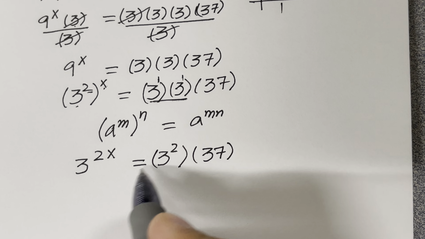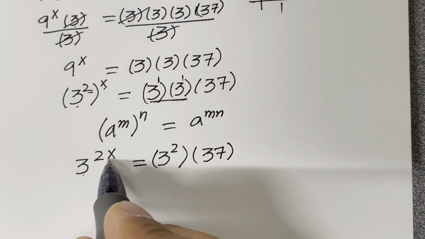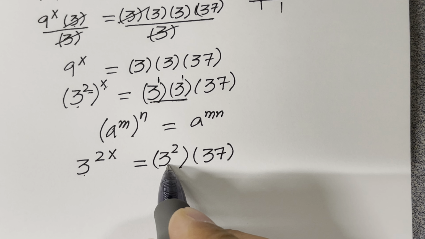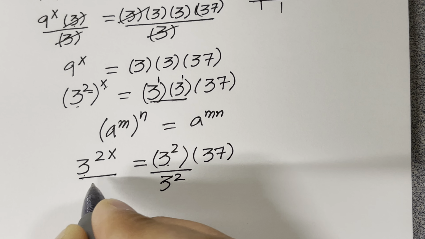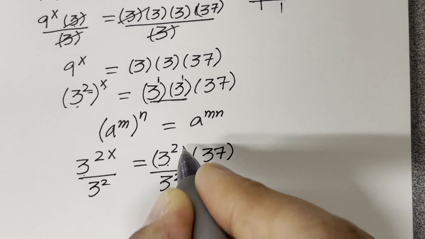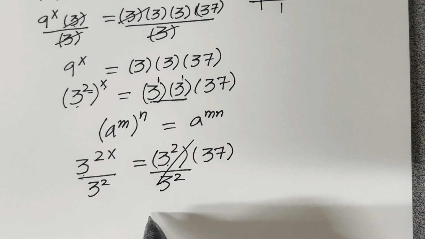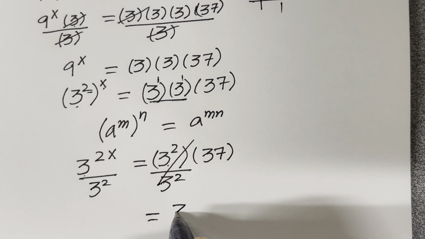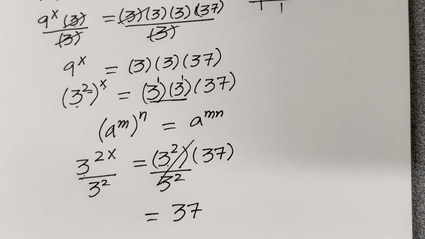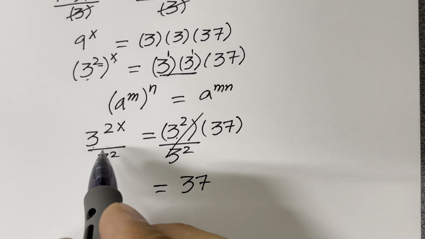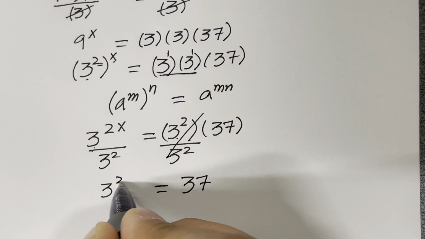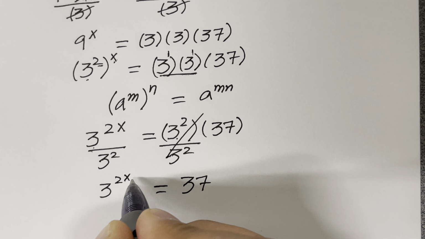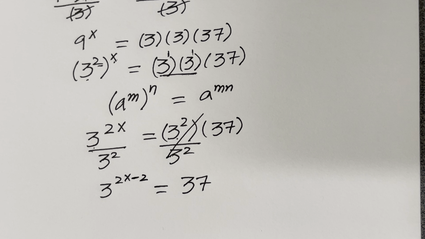Now we have 3 raised to the power 2x and we have 3 raised to the power 2 on the other side. So I can divide by 3 squared on both sides, and these will cancel each other. On the right hand side I will have 37, and on the left hand side I have 3 raised to the power 2x, and then I'm subtracting 2 from it. Why?